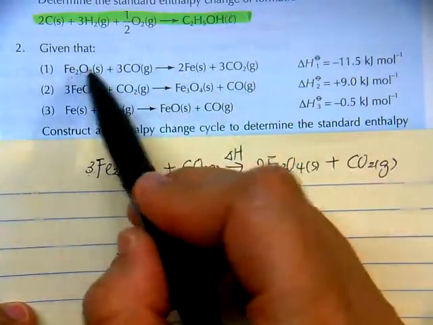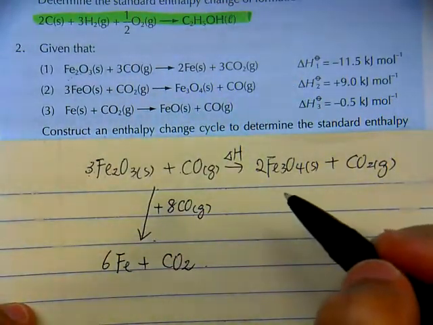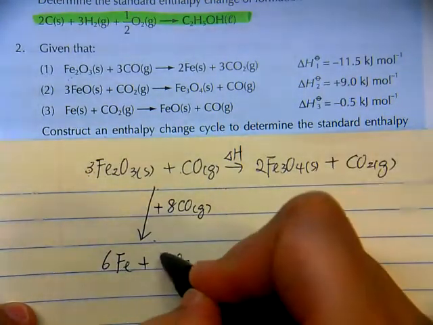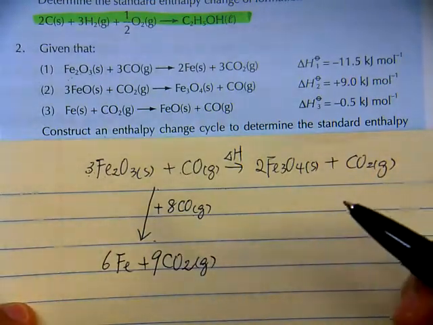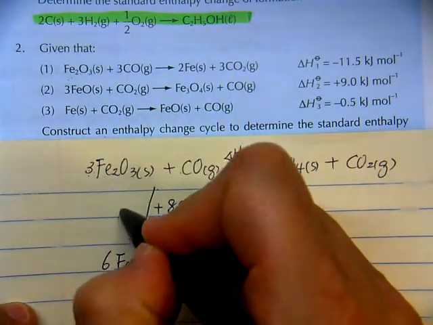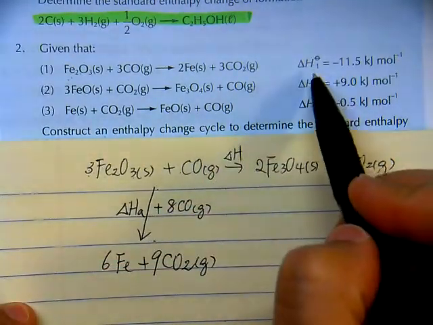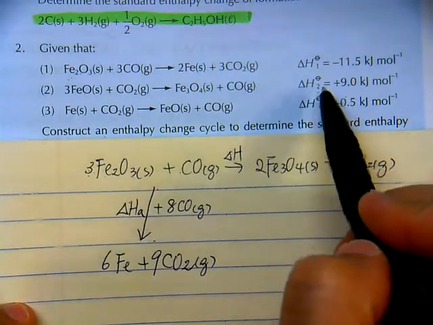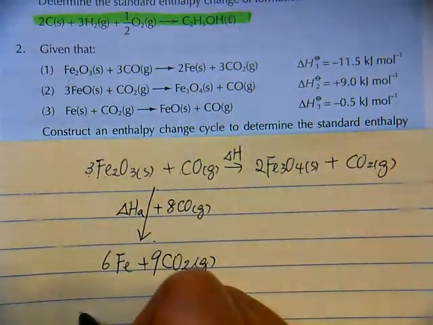Then we have 6 Fe and 9 CO2 produced. I label it as delta HA because I don't want to mix up with delta H1, delta H2, and delta H3. I use delta HA.